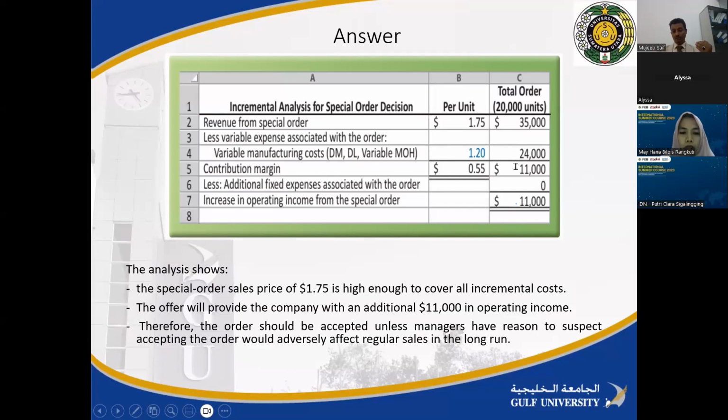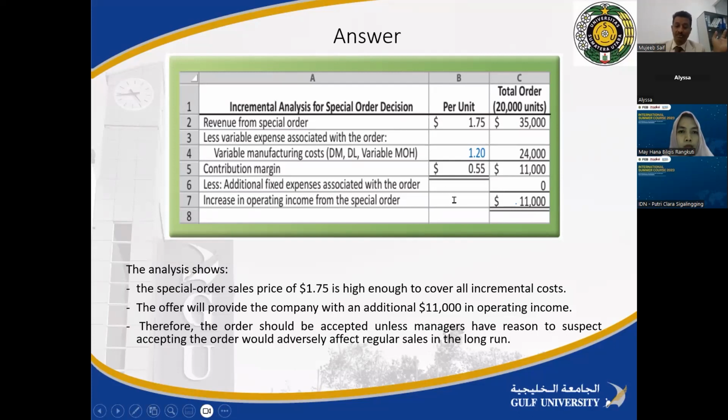We have a contribution margin for this order of 11,000, and there is no fixed cost. So there is an increase in operating income for the special order of 11,000. If we accept this order, our operating income will be increased by 11,000.